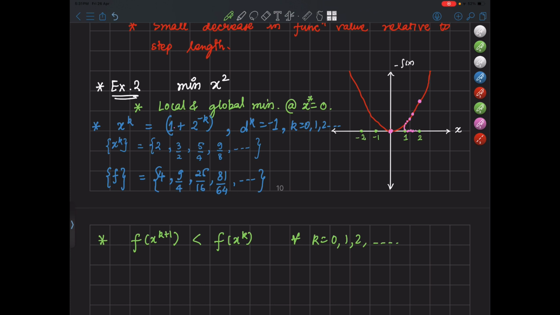So the problem now was that the step lengths were too small relative to the initial decrease of f.